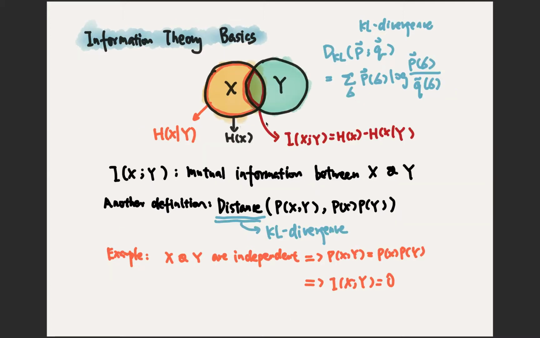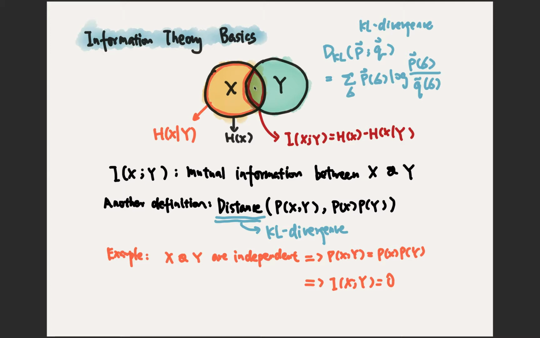And here is a set visualization of these basics. We have two random variables x and y, and we can use the area of this circle to represent the entropy, the amount of uncertainty of x. We can use the area of this part to represent the conditional entropy of x conditioning on y.